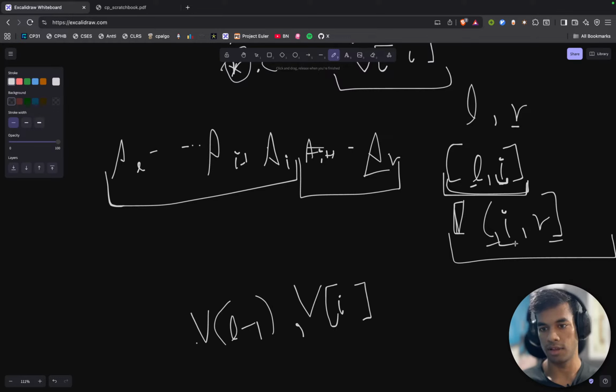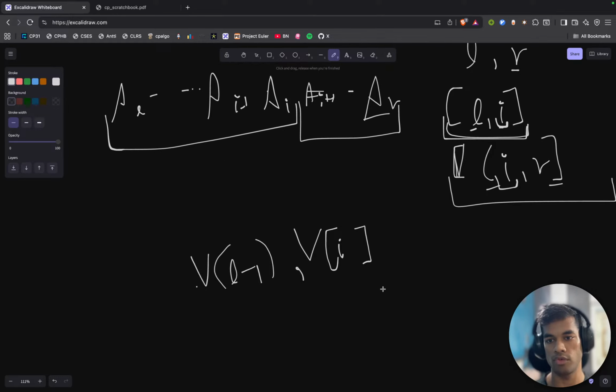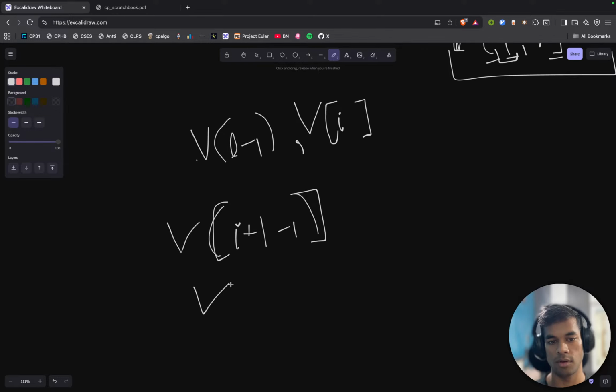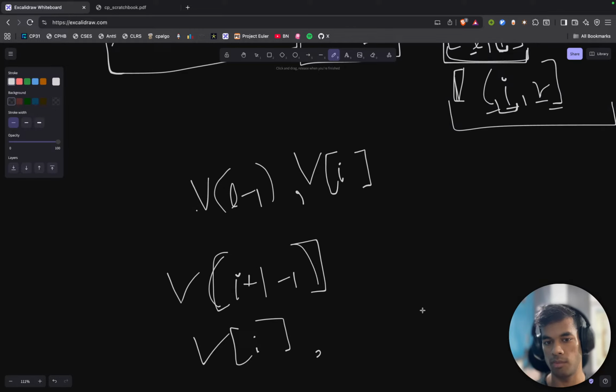And in this, since this matrix is not included, the number of rows is going to be VI plus 1, because the next matrix I is not included, and minus 1 because we are finding the number of rows, which is just VI, and the number of columns is going to be VR.